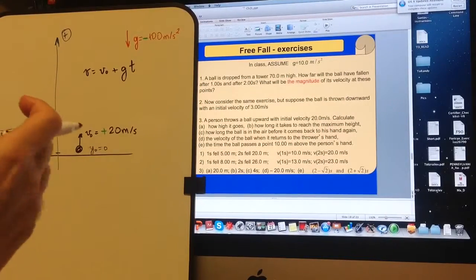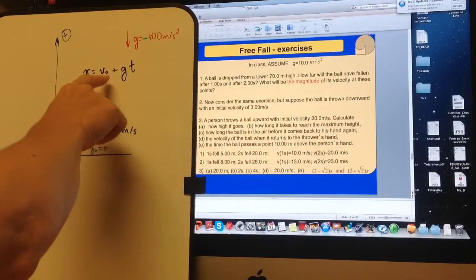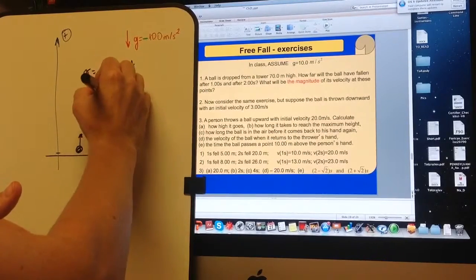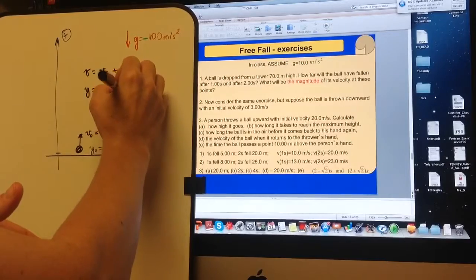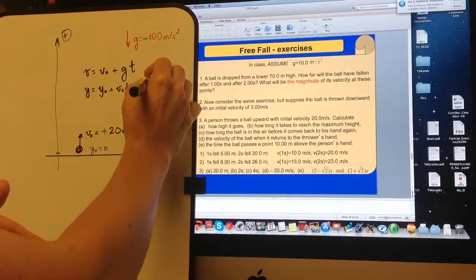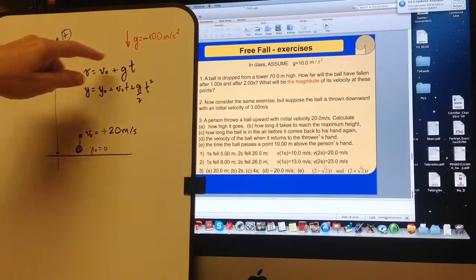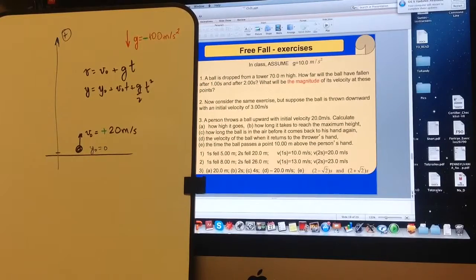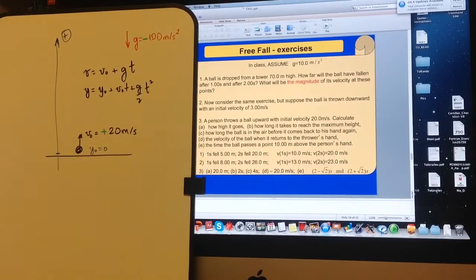I can get the time from this one and then go into the other one. Let me write the two. These two combined can be useful because from here I can get the time, and once I put the time here, I will know how much we traveled. Let me start with this one, but there is an easier case.